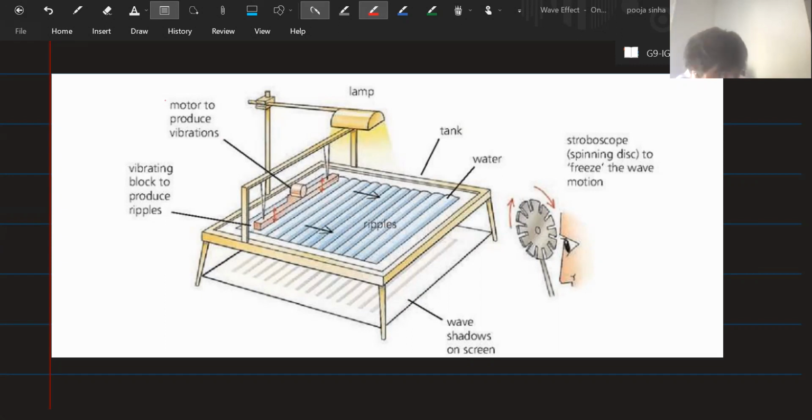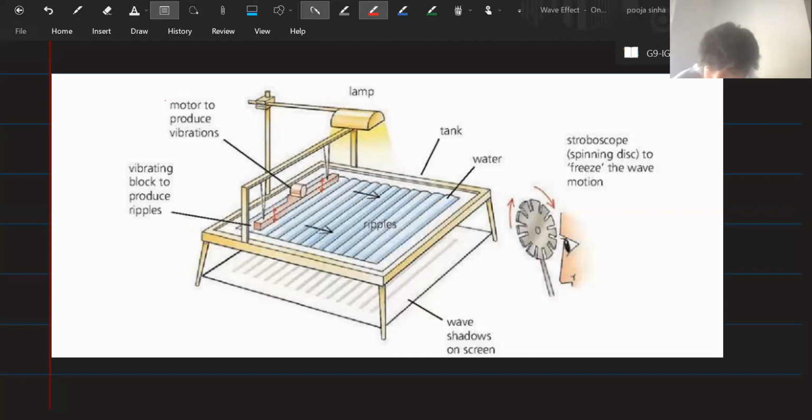The motor vibrates this block, which is kept in the tank in which there is water. When the vibrating block vibrates, it creates ripples in that water.